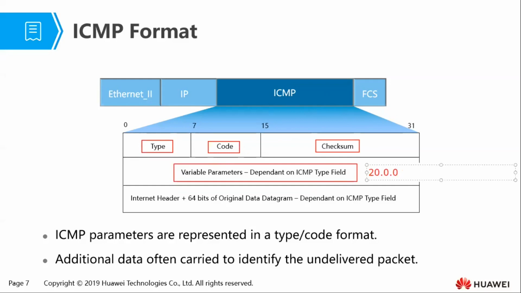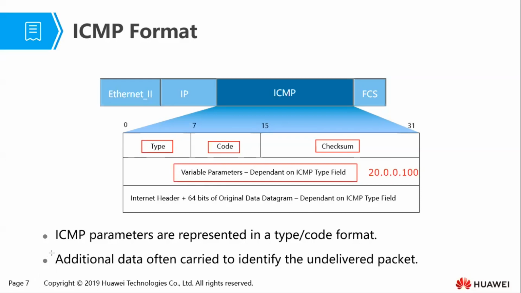It will simply say, hey, use this gateway if you need to get to server A. That particular IP address is carried in this field called the variable parameters.